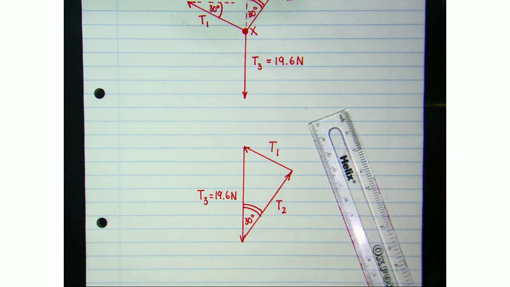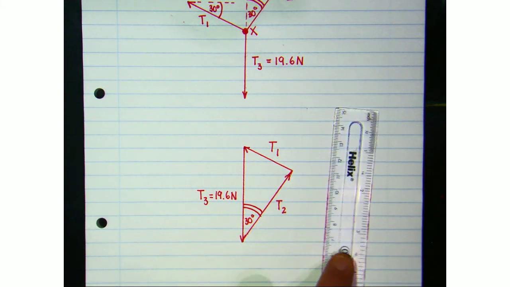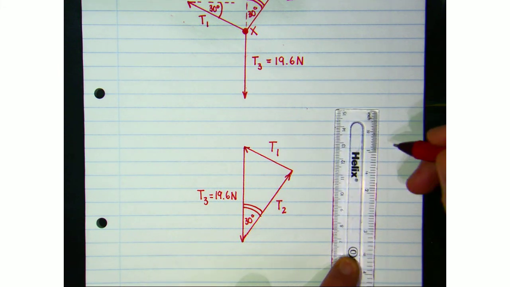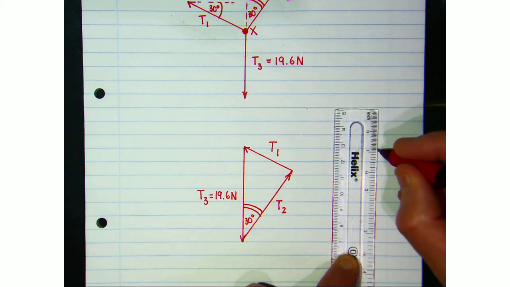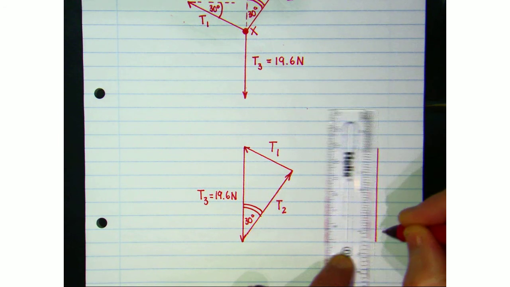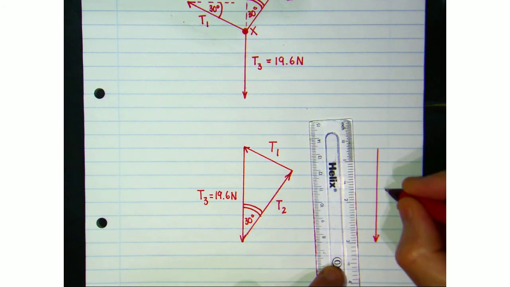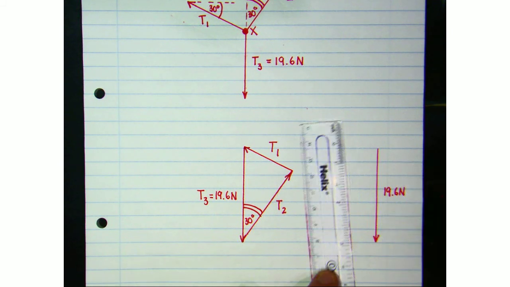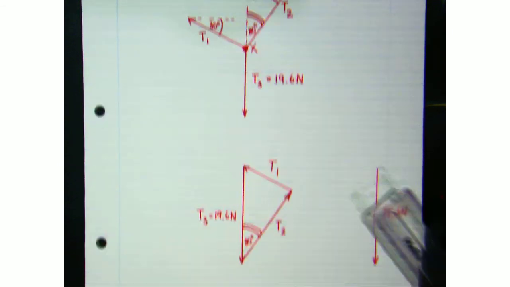And as I say, I always like to start with the vertical force. So let's not change that. There's T3, straight down your page. And then I'm going to take T1 instead.